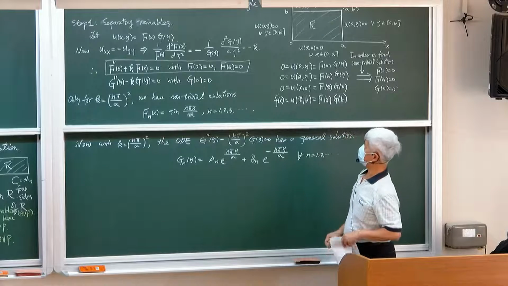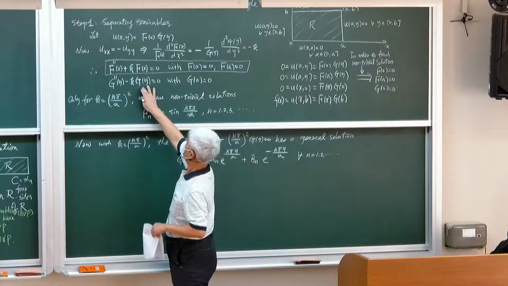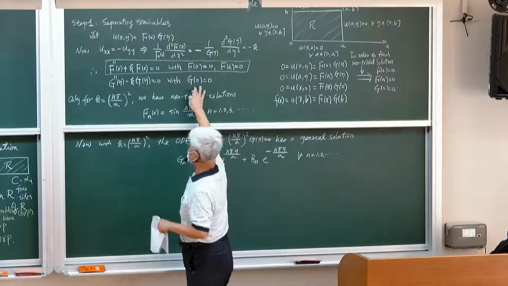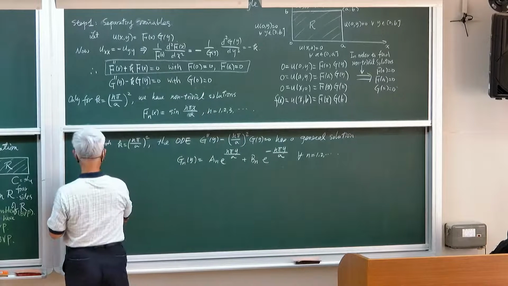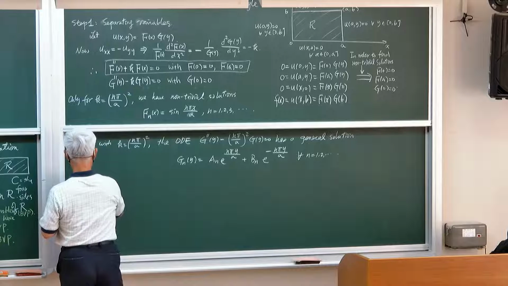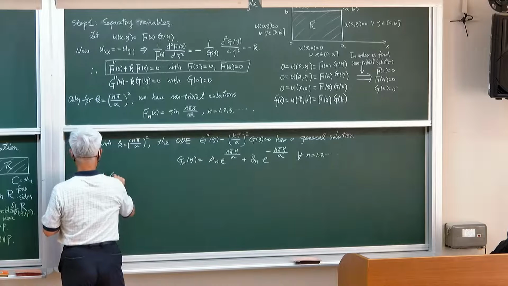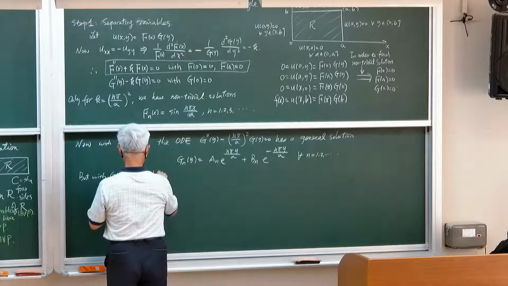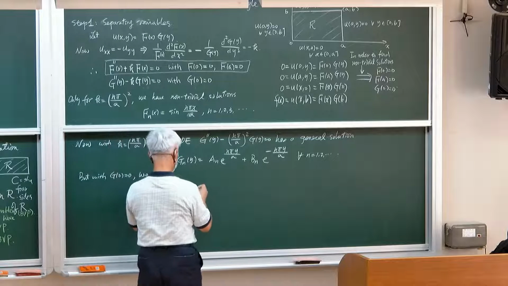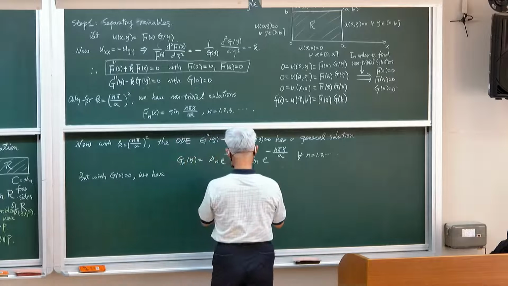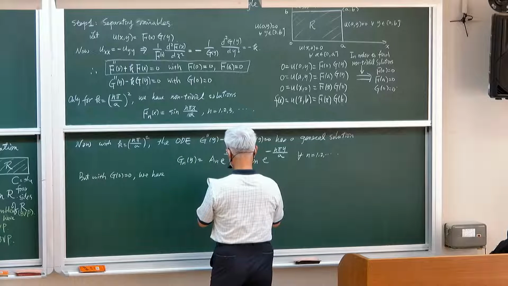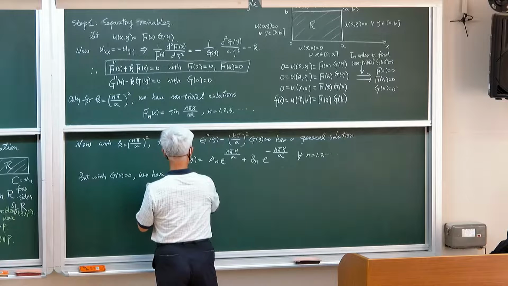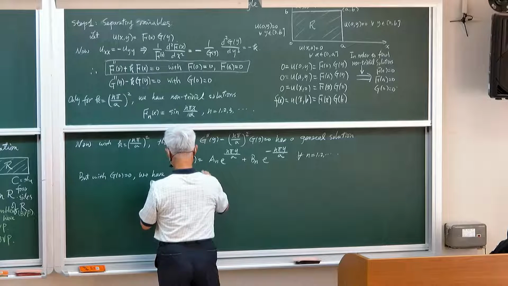Okay, so the second ODE is there. Now with this boundary condition G(0) equal to 0, we have that an plus bn equal to 0.